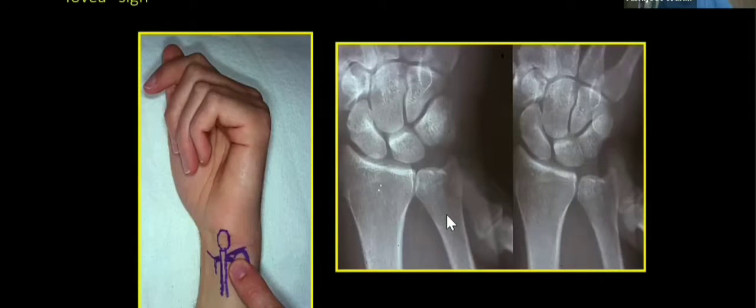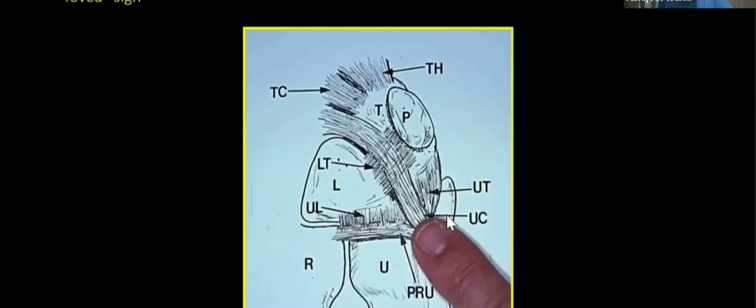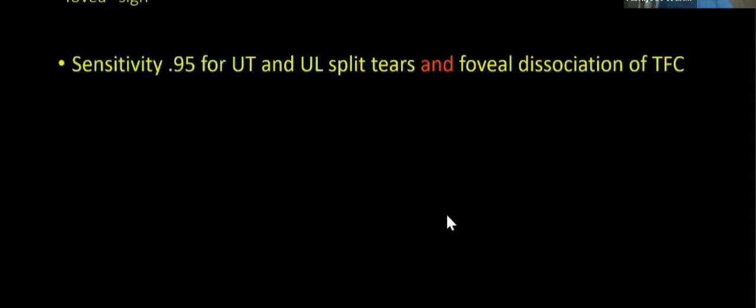If this is positive, or if there is tenderness when you do this particular test, it indicates a tear of the ulnocarpal ligaments, such as the ulnotriquetral or the ulnolunate ligaments, or a foveal dissociation or foveal disinsertion of the TFCC. This test, very interestingly, is almost 95% sensitive and specific, and is a very good test.